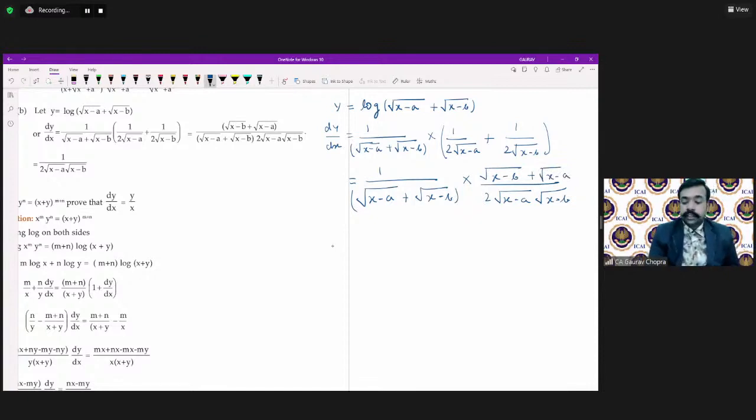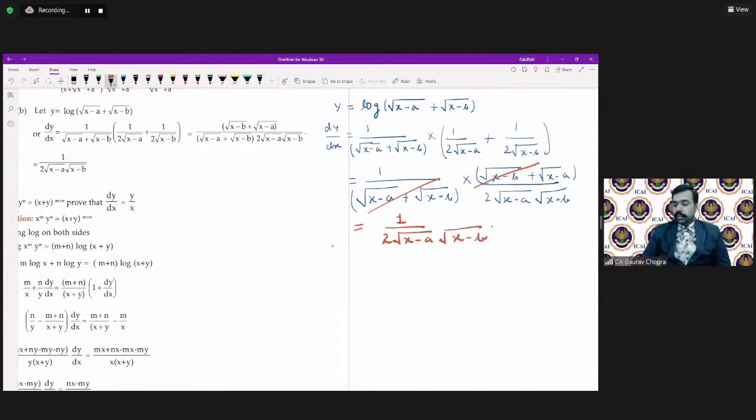Here again we can see that the 2 will get cancelled. And what is the final result? It is 1 upon 2 root of x minus a multiplied with root of x minus b. So this is the final result which we are getting.